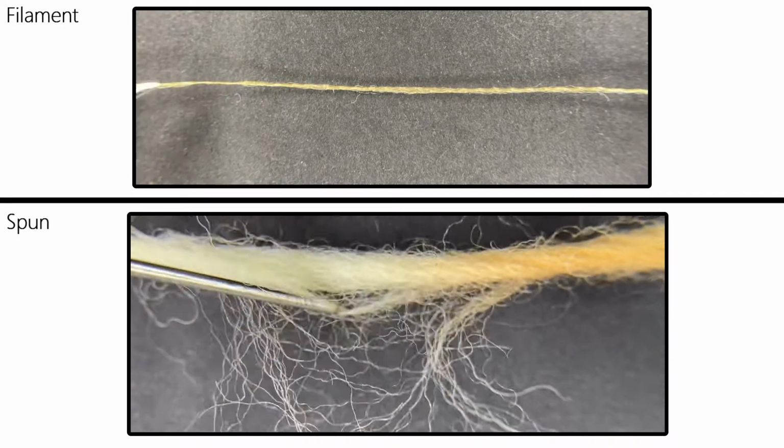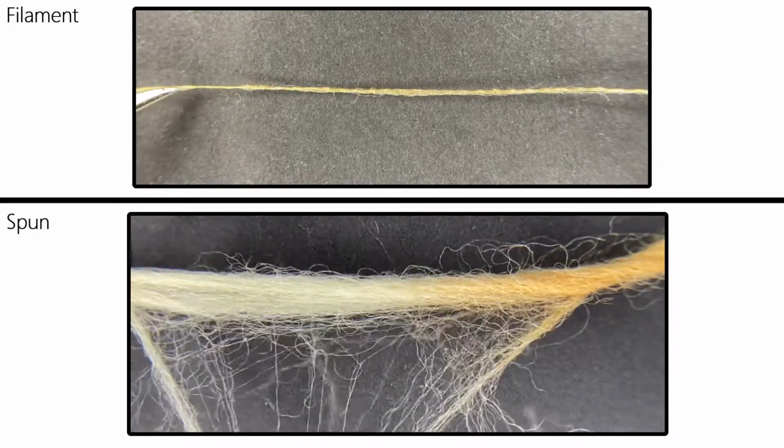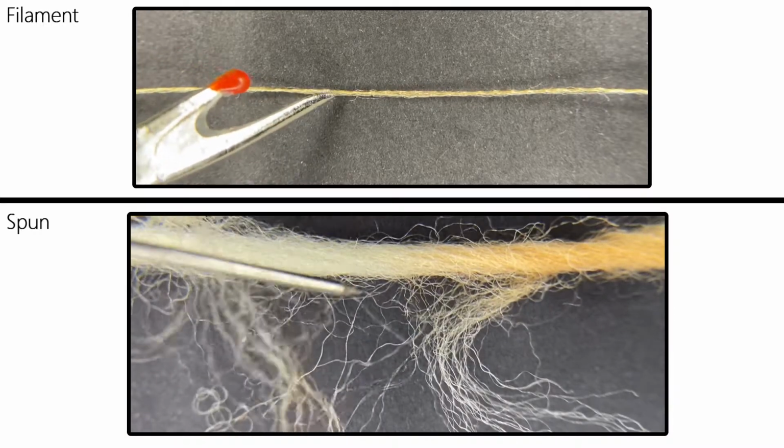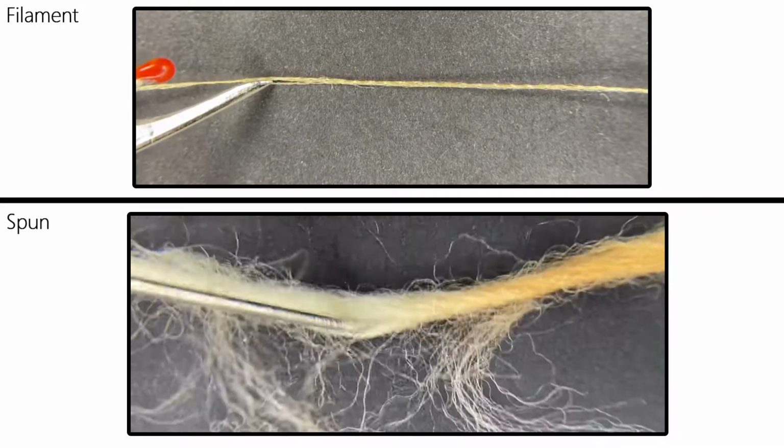Looking for these fiber ends will signal which yarn type it is, but it is even better if you can separate a single individual fiber. This will show for certain if a yarn has short staple fibers along its length or one continuous long fiber in the yarn to denote a filament yarn.